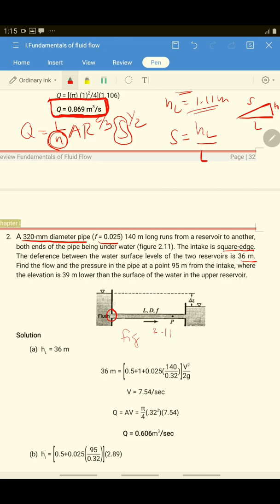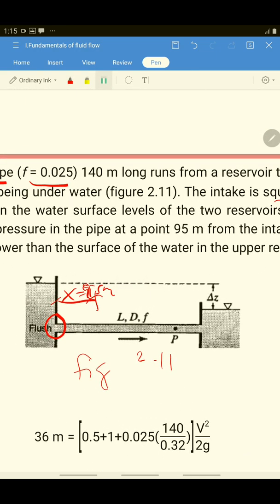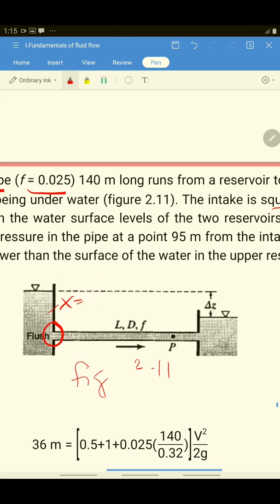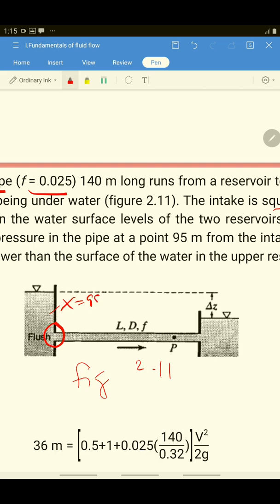So if this is your X and that is 95 meters from the intake, 95 meters from the intake.